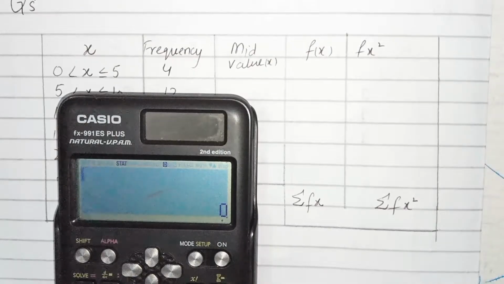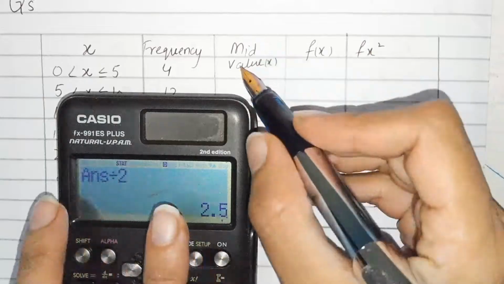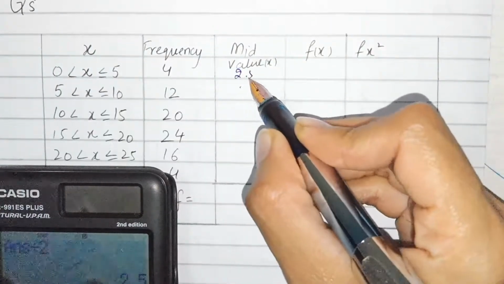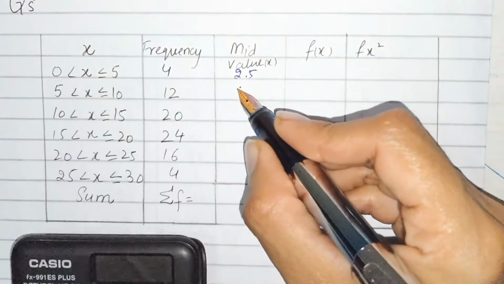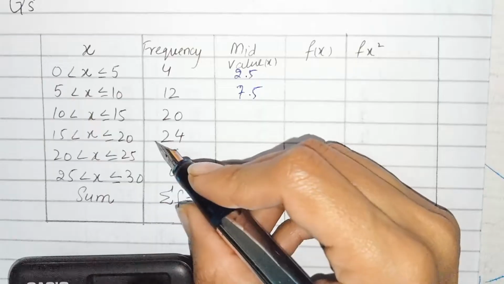We add 0 plus 5 and divide by 2, and we get the midpoint, which is 2.5. Again 5 plus 10 divided by 2, we get the midpoint 7.5.